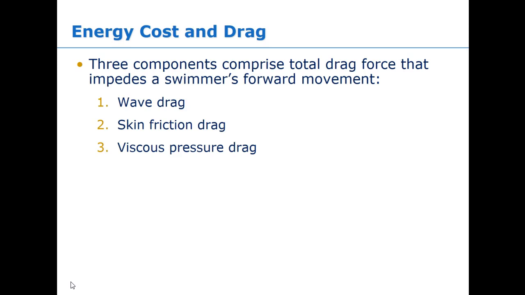So you can see here that there are 3 components that comprise the total drag force that slows down or impedes a swimmer's movement forward. And one of them is wave drag. And this is what's caused by waves that build up in front of and form hollows behind the swimmer moving through the water. There was actually a lawsuit that occurred, I believe, in the last Summer Olympics where swimming was an event.